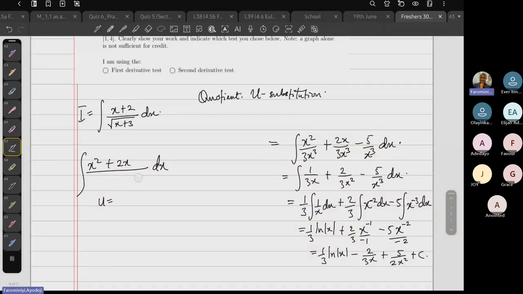So let's say x cubed plus x squared, if I want to obtain what is upstairs.